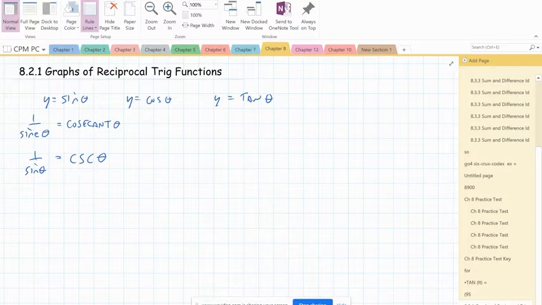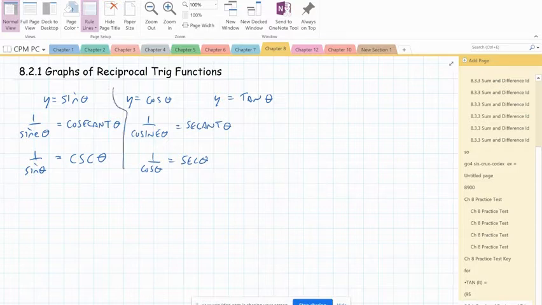If we look at the reciprocal of cosine, 1 over cosine theta is defined as secant theta, and the abbreviation is SEC theta. And then tangent has a reciprocal just called cotangent.